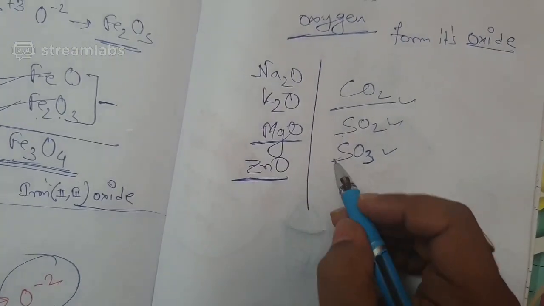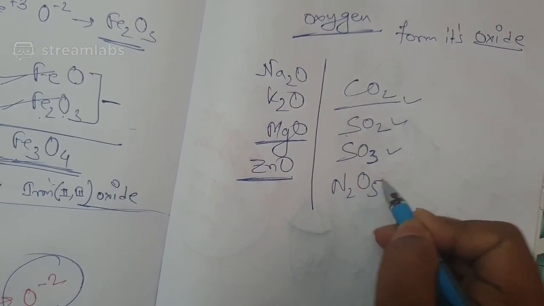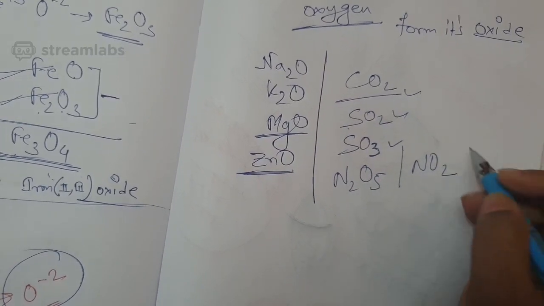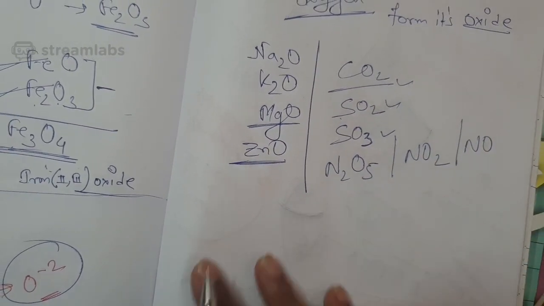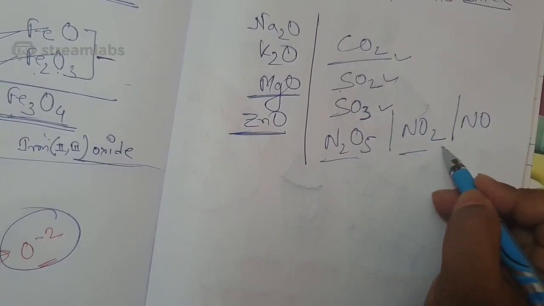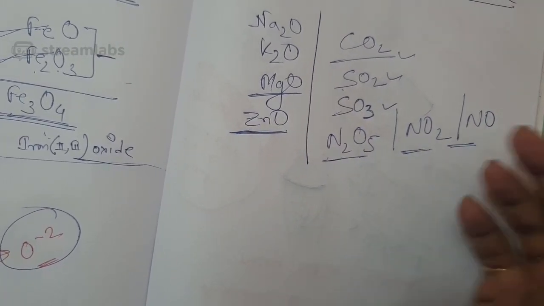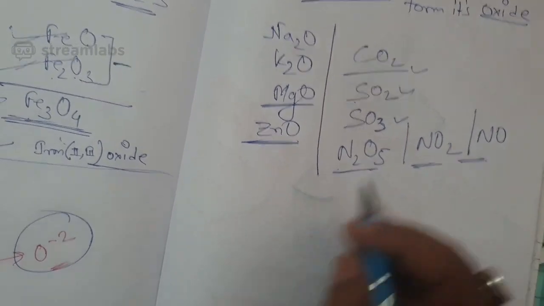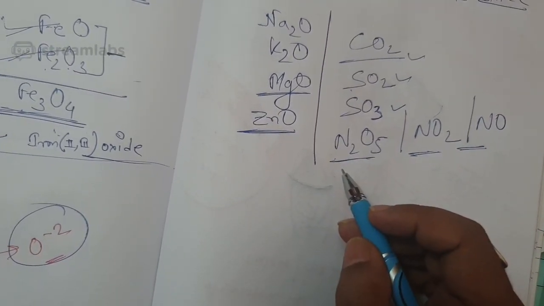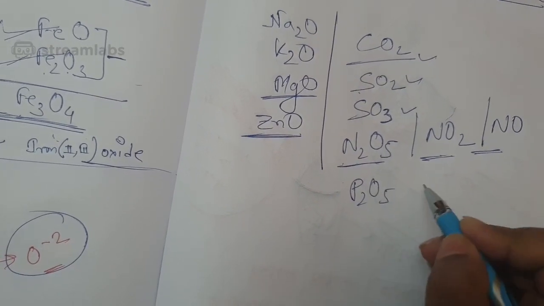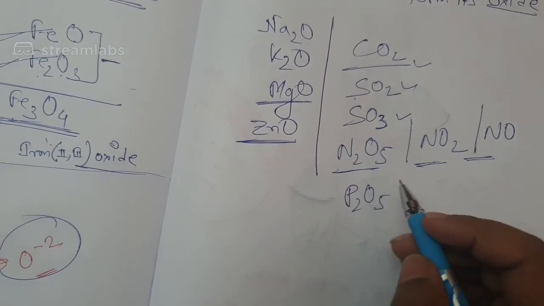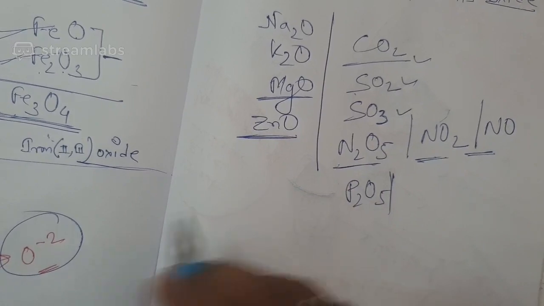Then nitrogen pentaoxide N2O5, nitrogen dioxide NO2, nitrogen monoxide NO. So nitrogen itself has a lot of oxides. And then P2O5 is there, phosphorus oxide. So all the non-metals do form oxides.